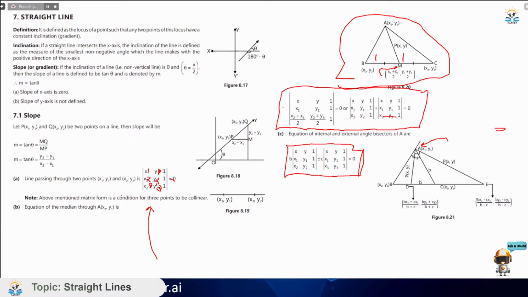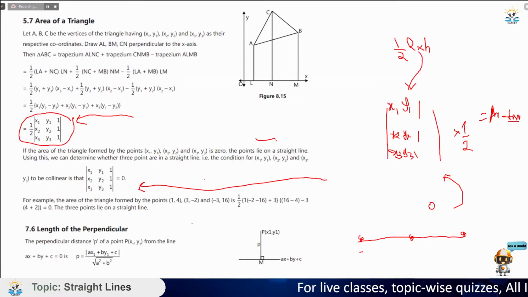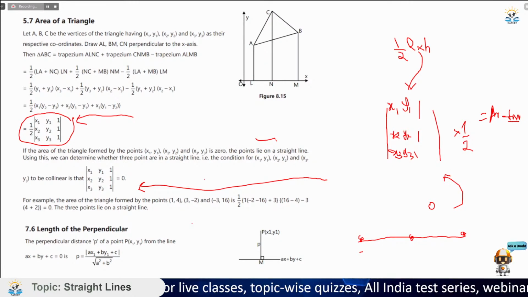This is just an extension of the first condition: if it is zero, multiplying by half also gives zero. So this is just an extension of the first condition that we studied earlier. For example, the area of a triangle formed by points 1, 4, 3, minus 2, minus 3, 16 is half determinant alpha, which is equal to 0. This will state that the points are in a straight line or the points are collinear with each other.